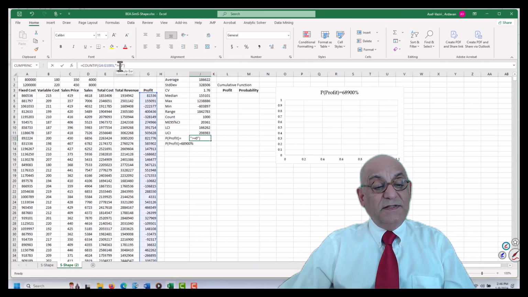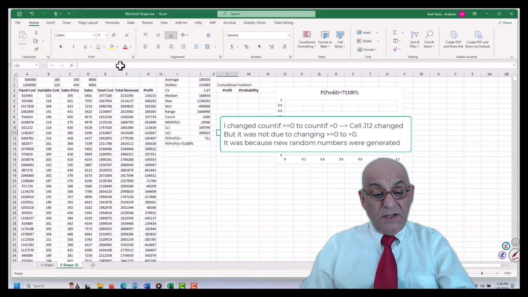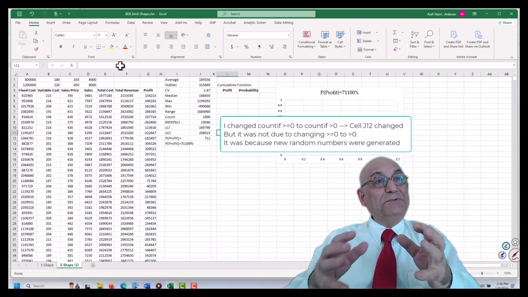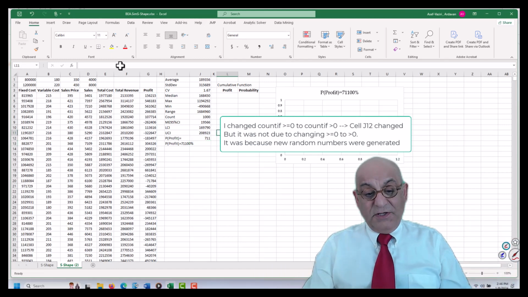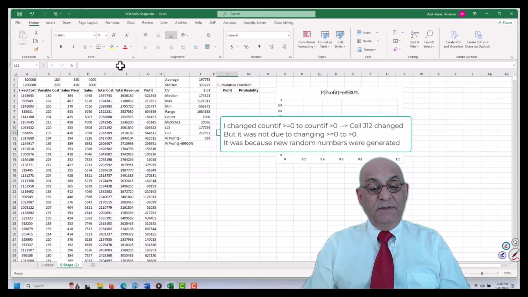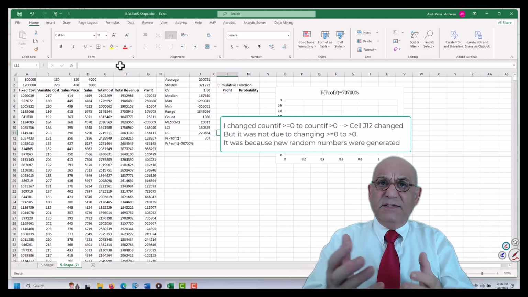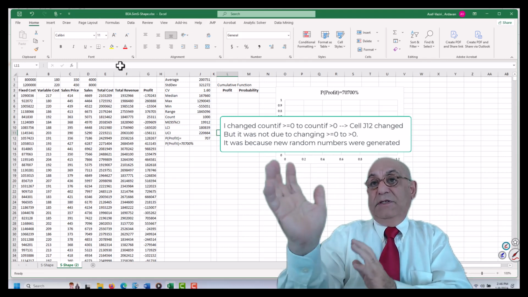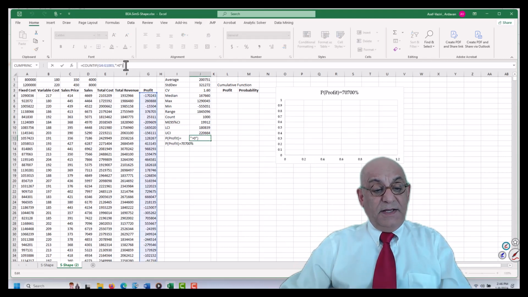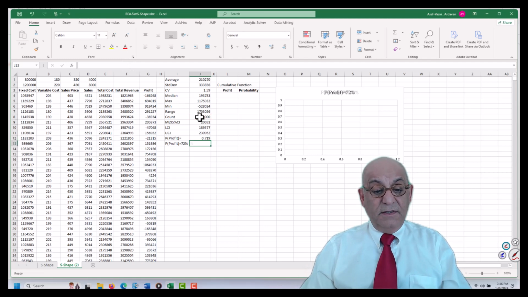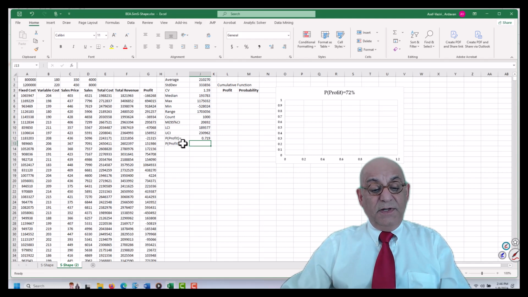Let me remove that. It was not due to 0, it was due to the random numbers which are continually changing. See? Random numbers are changing and always give us something close to that estimate. And I divide it by count to get probability. That's it. So probability of profit is 27%.